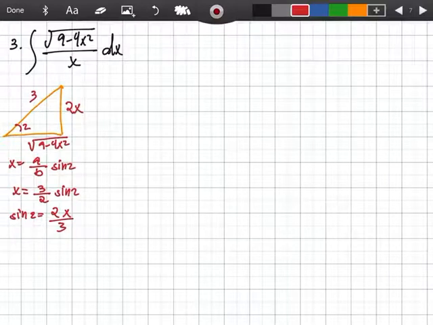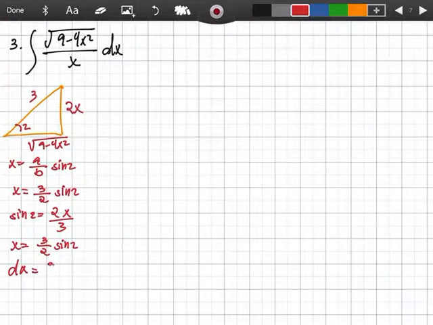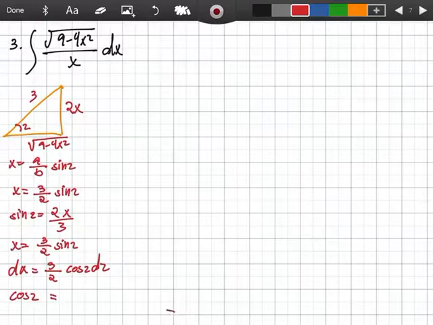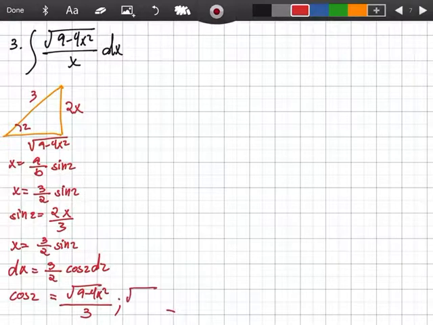So, if our x is equal to 3 halves of sine z, our dx is equal to 3 halves of the integral of sine, which is cosine z dz. And, kunin natin ang cosine z, that is what? Adjacent over hypotenuse, square root of 9 minus 4x squared over 3, so the square root of 9 minus 4x squared is equal to 3 cosine z.